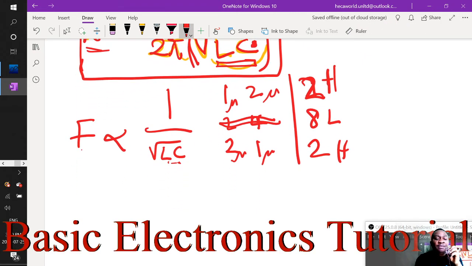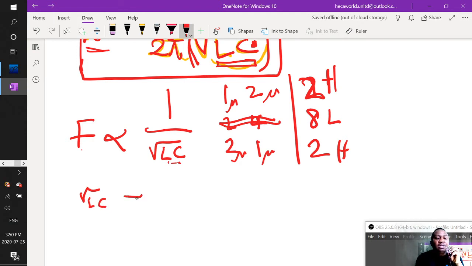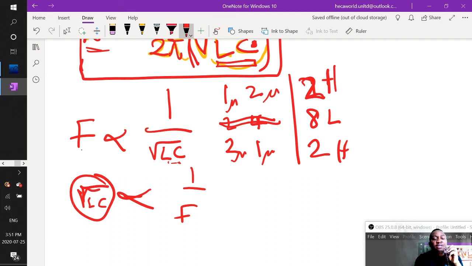So just look at it that way. You can see the square root of LC, it varies also 1 over f. So look at it this way. When you increase the value of this, this reduces. So they vary inversely. The more the LC, the less the F. The more the F, the less the LC, and so on.